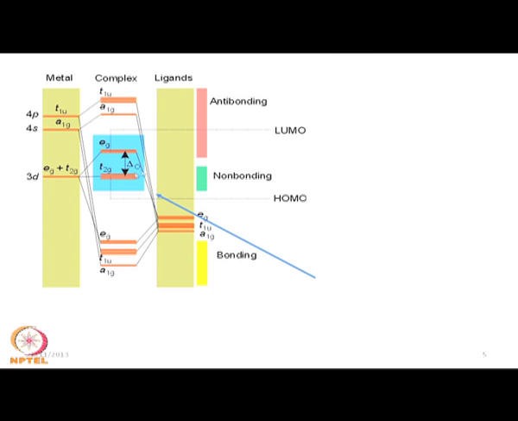So, in this particular case, these are the 6 bonding orbitals in our hand, and altogether we have 5, 6, 9 orbitals from the metal and 6 from the ligand side.